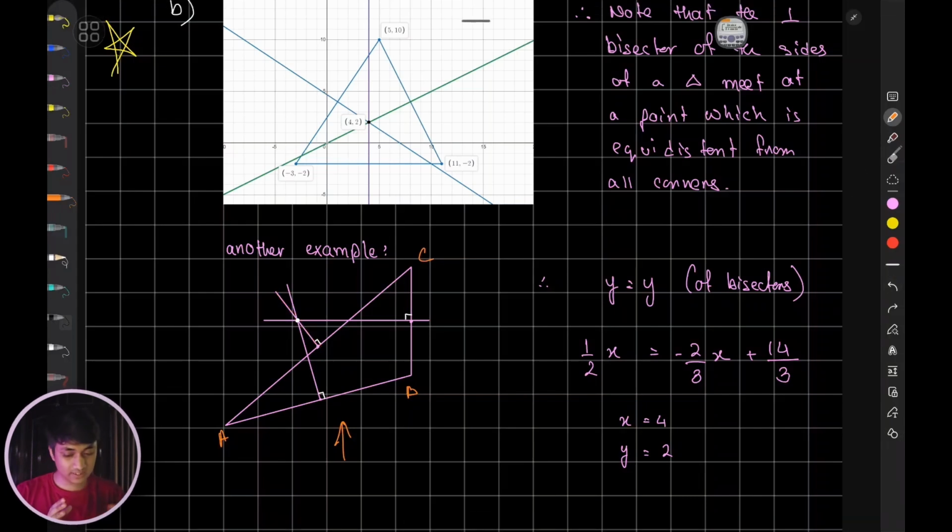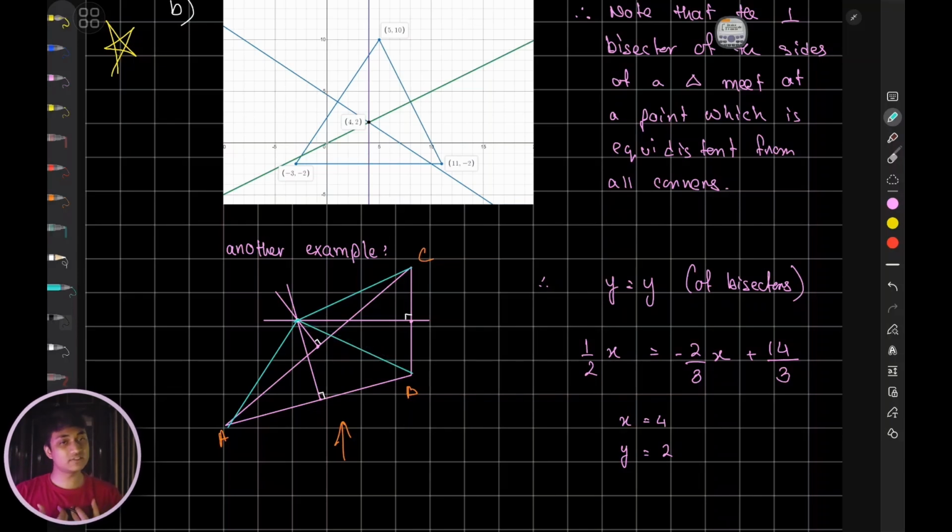So when you see the intersecting point, now from that white intersecting point, draw a bunch of lines. This one, and this one and this one.